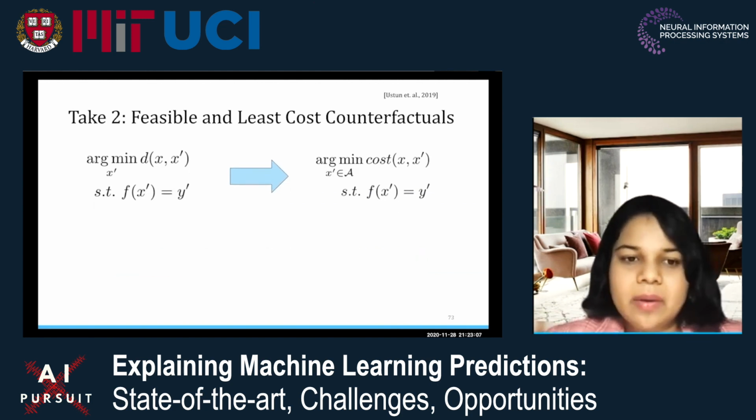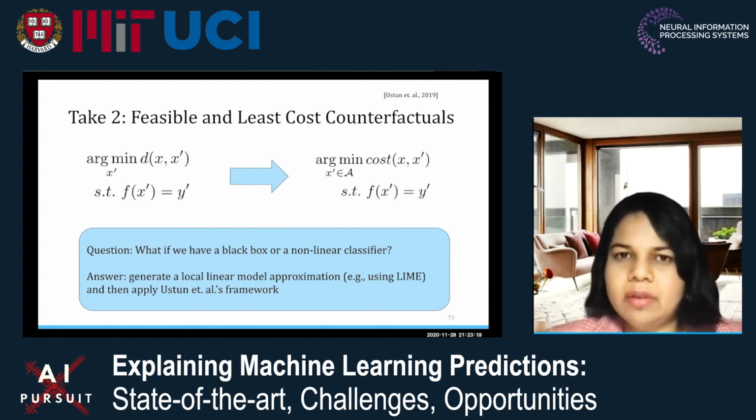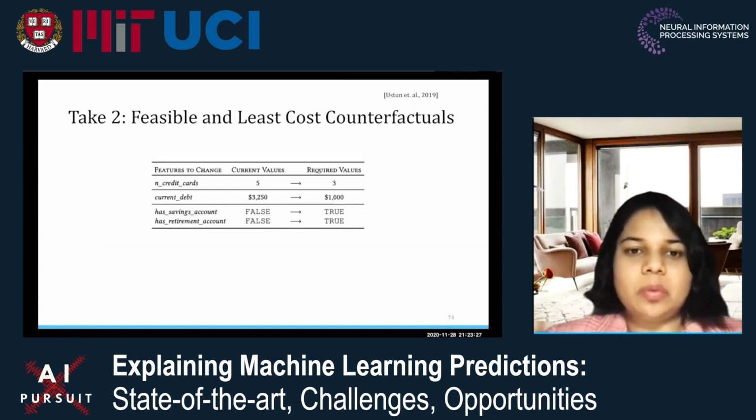Now, one might ask a question, what if we have a black box or a nonlinear classifier as our underlying model? In that case, there may be a workaround. First, we could generate a local linear model approximation, for example, using an approach like LIME, and then apply Houston et al.'s framework on top of it to come up with these counterfactuals.